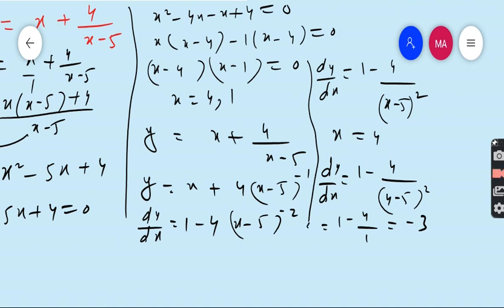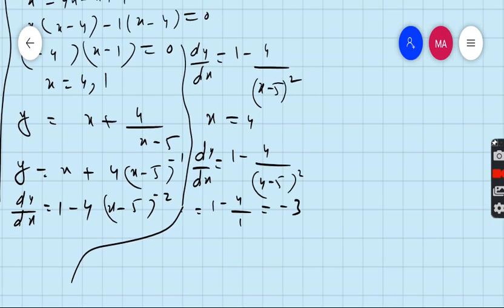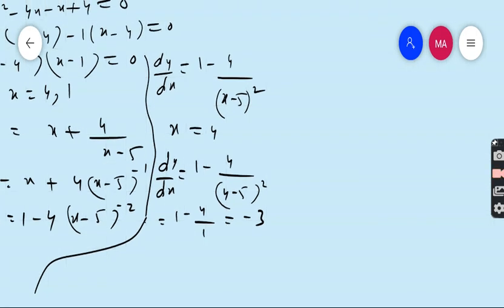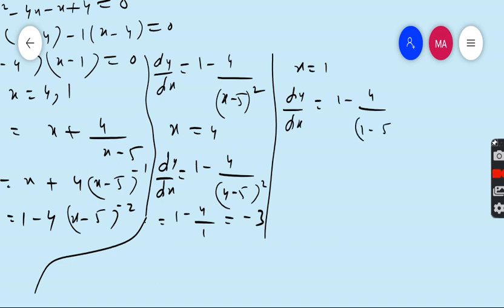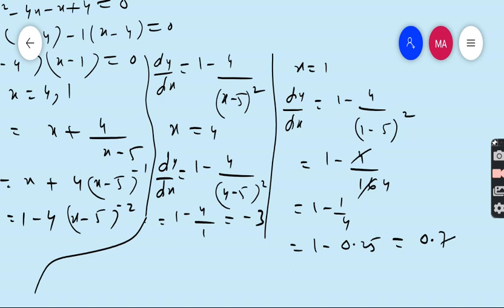For x equals 1, dy by dx is 1 minus 4 upon 1 minus 5 square. 1 minus 5 is minus 4, and 4 square is 16. 4 upon 16 is 1 upon 4, which is 0.25. 1 minus 0.25 is 0.75.